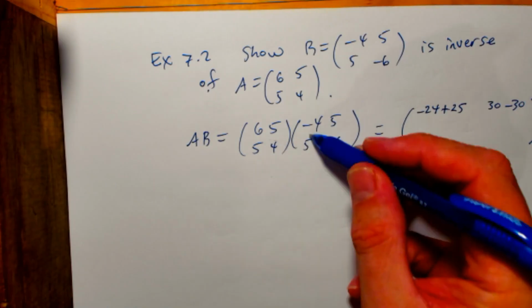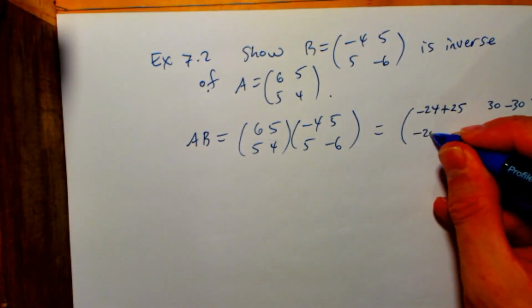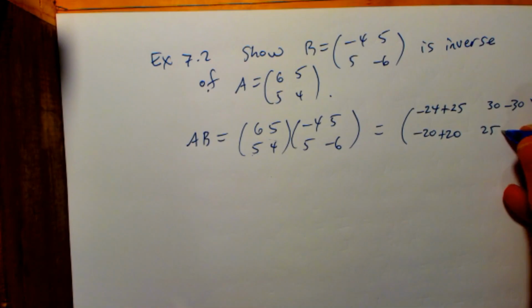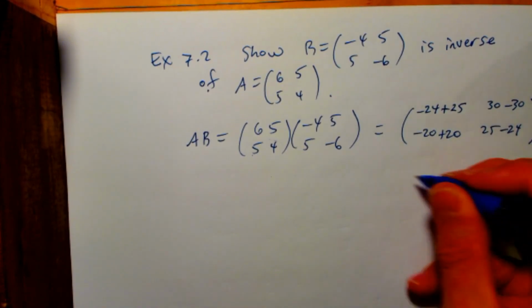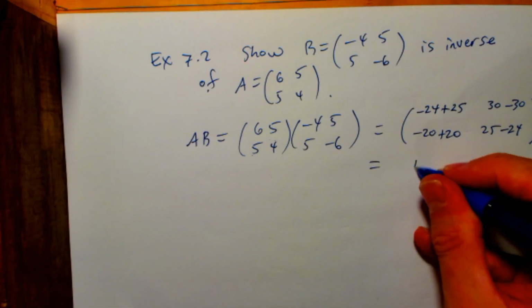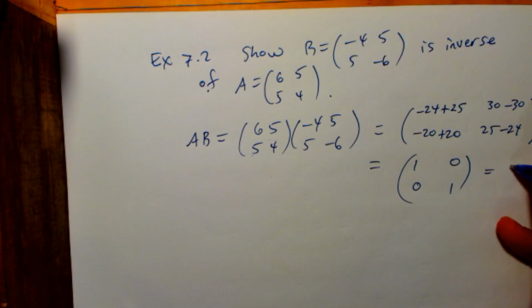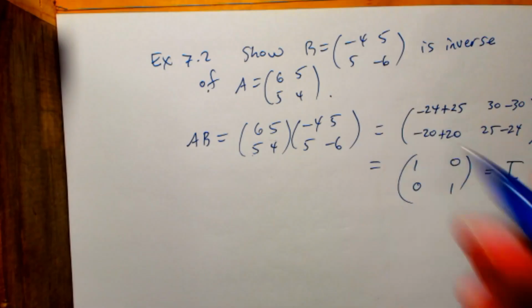Now this row with this column gives minus 20 plus 20, and this row with this column gives 25 minus 24. Now these differences give 1, 0, 0, and 1. So that's the identity matrix. So we've done the AB multiplication.